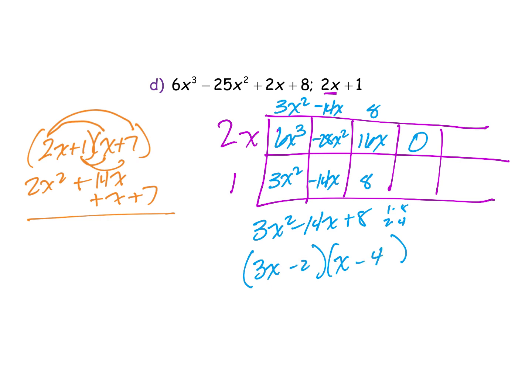Because 3 times 4 gives me 12, and 2 times x gives me 2, and 12 and 2 are 14. And then this is 2x plus 1. And there's your x. Okay? All right. That's awesome.